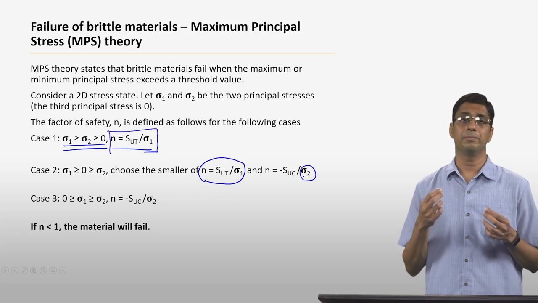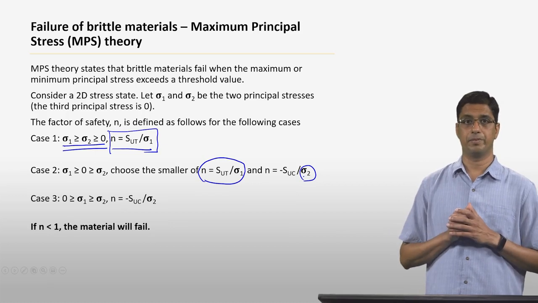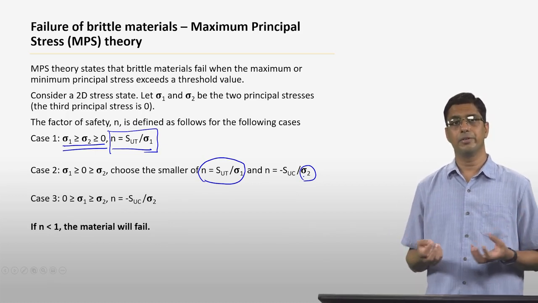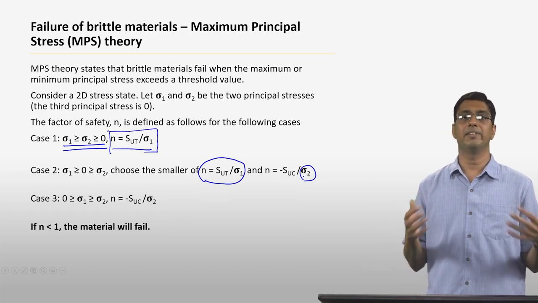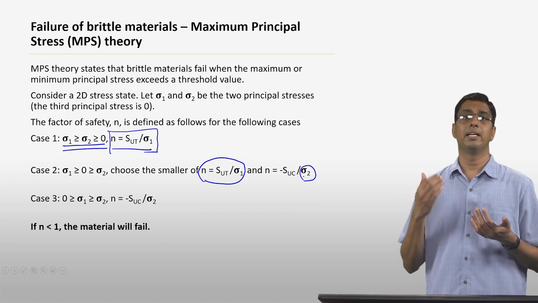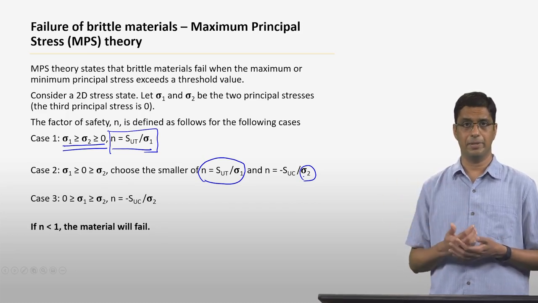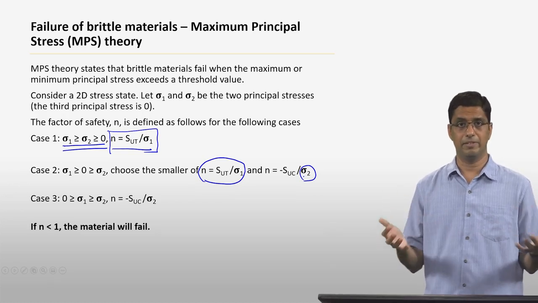So in some sense, you can think of sigma 2 as the bigger compressive stress. Then, of course, this bigger compressive stress is what matters for determining the factor of safety. So if n is now defined by minus SUC divided by sigma 2, and if this value is less than 1, the material will fail.